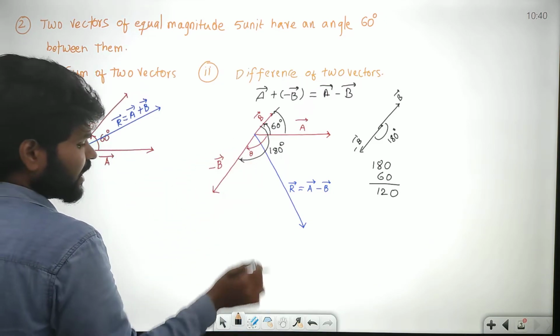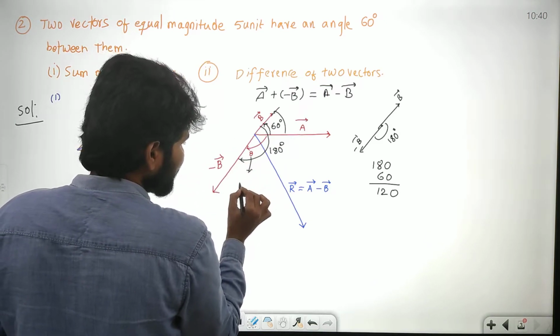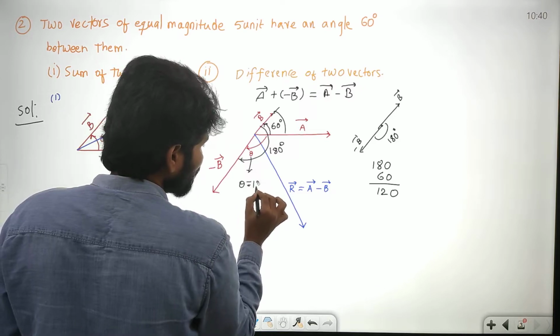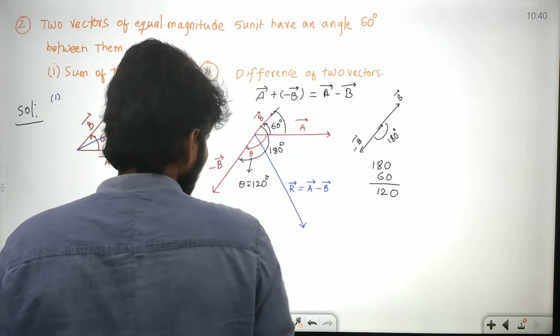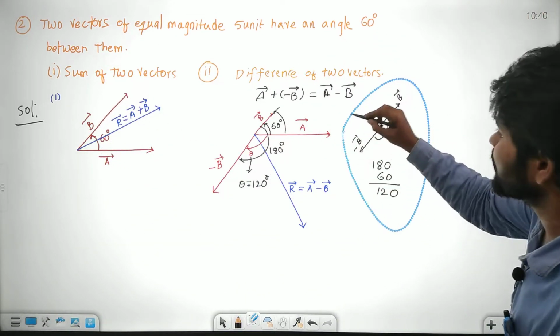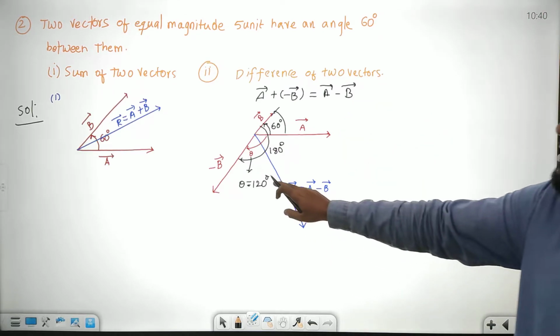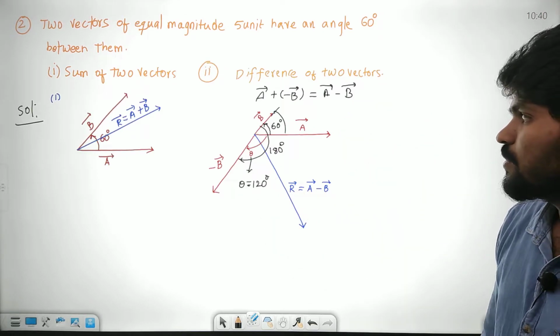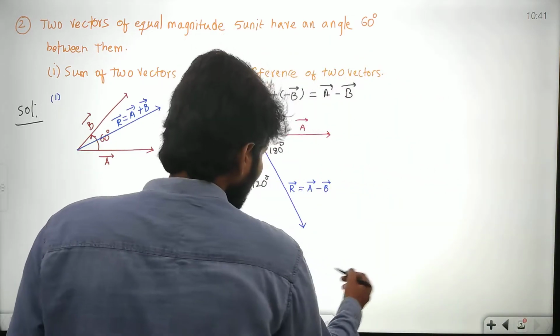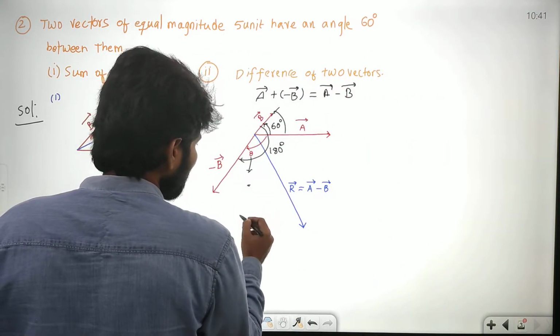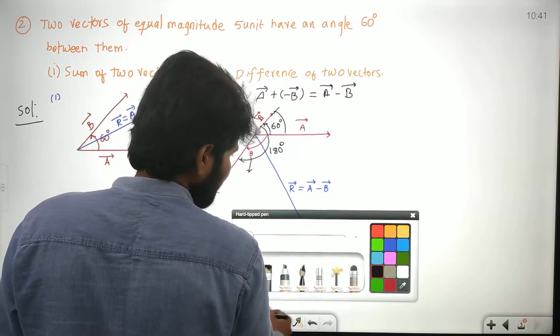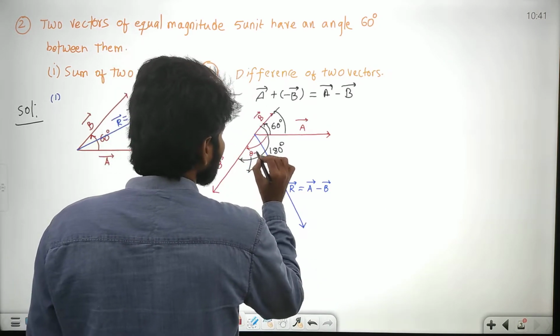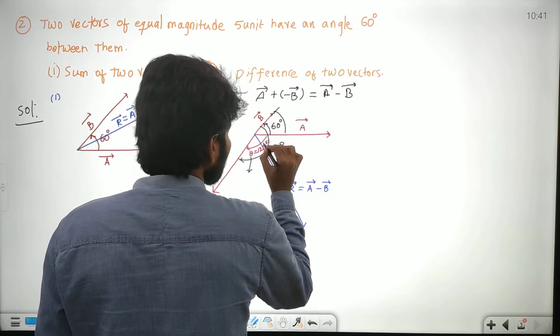So this theta angle is nothing but 120 degrees. Hope you understand this concept. We need this value only. So theta is equal to 120 degrees.